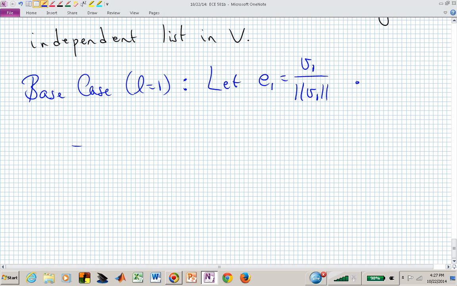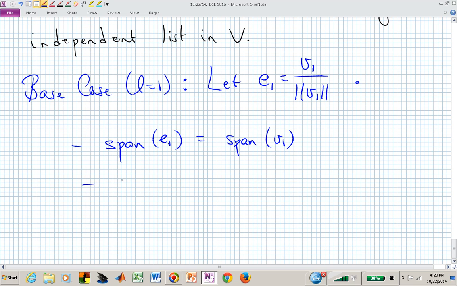And in this base case, do we have what we claim to have? What's the span of e1? Is that the same as the span of v1? We just have v1 being scaled by some number, a particular value of a scaling, but it's in the same direction, so the span of e1 is the same as the span of v1.